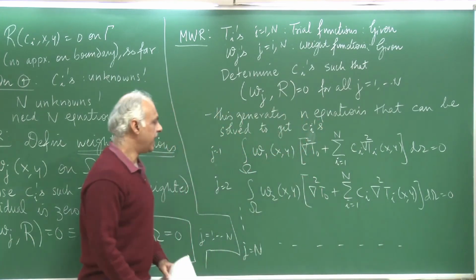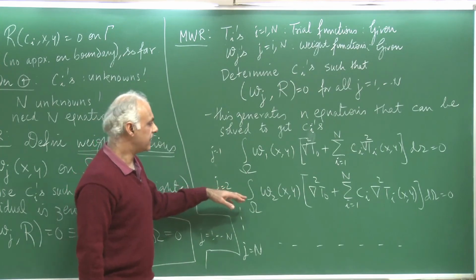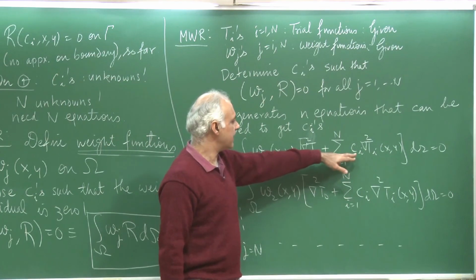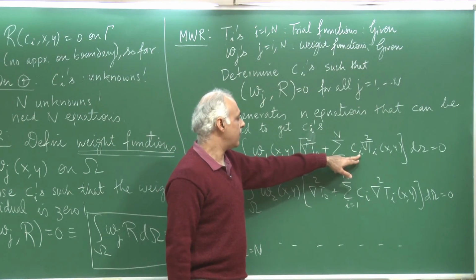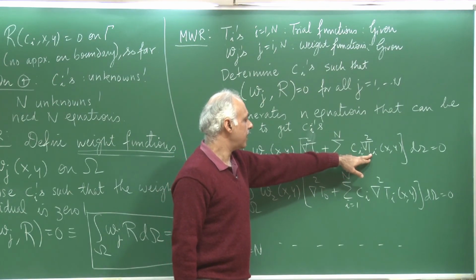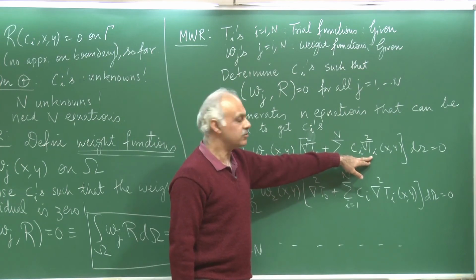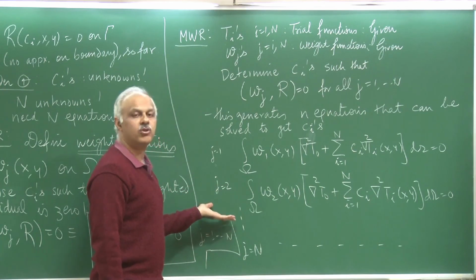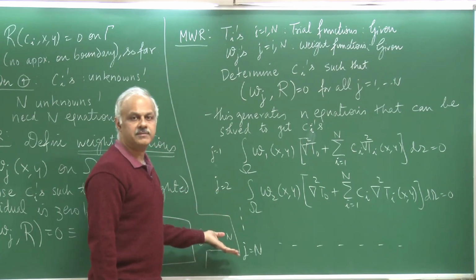So this would give me n equations in terms of Ci's. Notice each of these equations contains this sum: C1 times the Laplacian of T1 plus C2 times the Laplacian of T2 and so on. So I get n equations in n unknowns and I can solve for them.